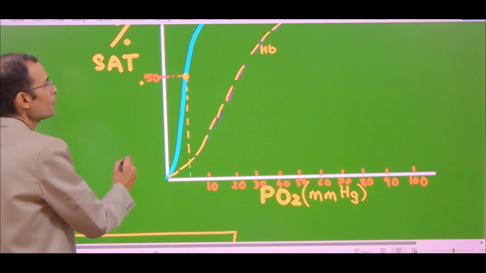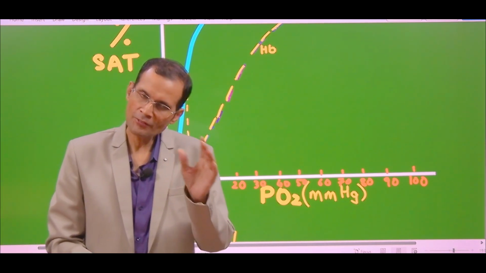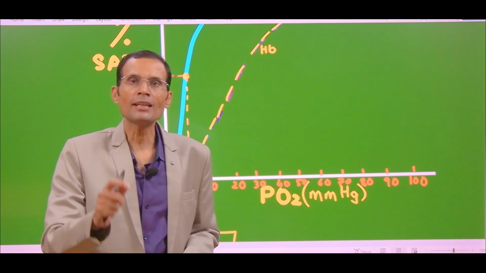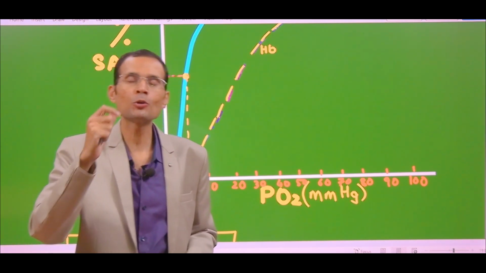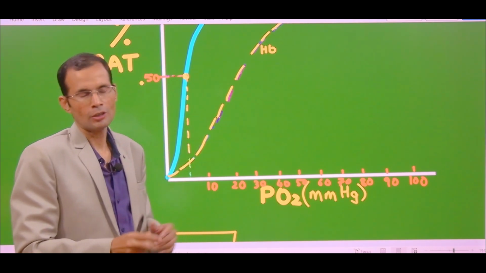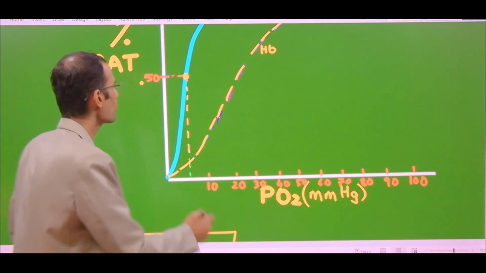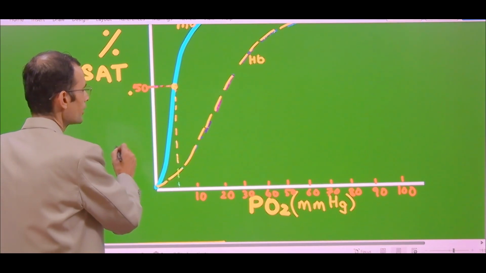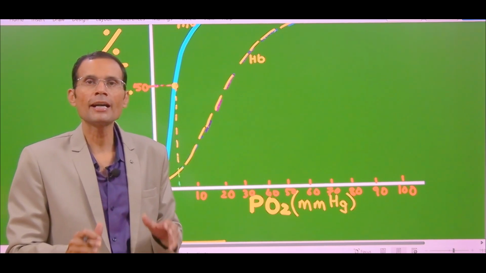Alright, the P50, you know the concept of P50? P50 is that partial pressure of oxygen at which the molecule or that particular chemical is 50% saturated. So P50 for hemoglobin is somewhere in the range of 25 to 28 mm of Hg.